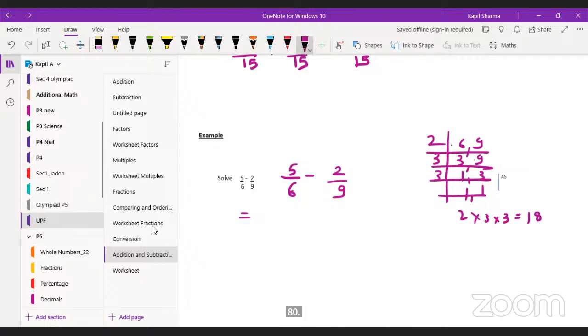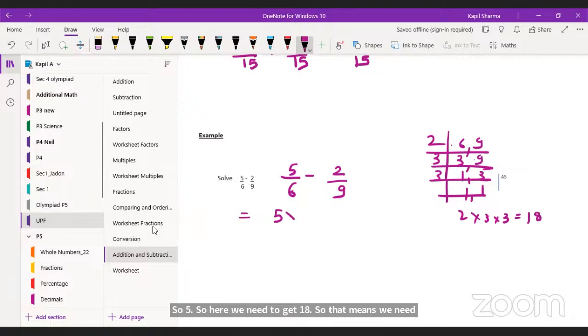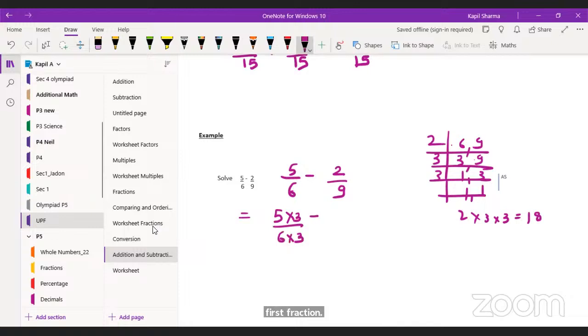Yes, Parth, listen. So here we need to get 18. So that means we need to multiply both the numerator and denominator of the first fraction by 3. In the second case, again, we need to make 18.